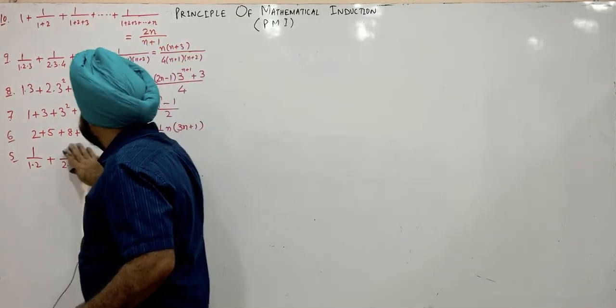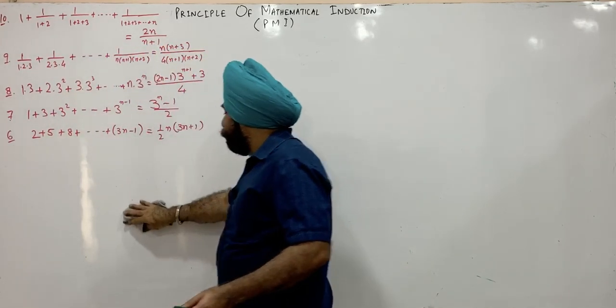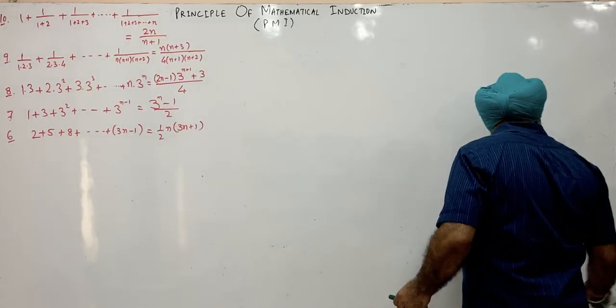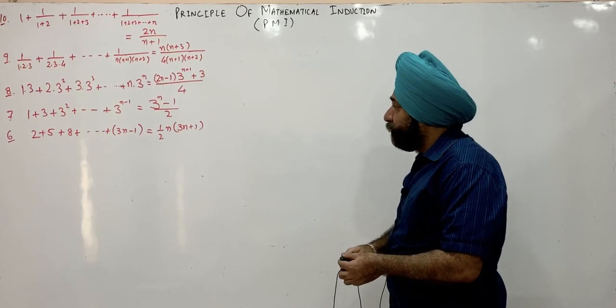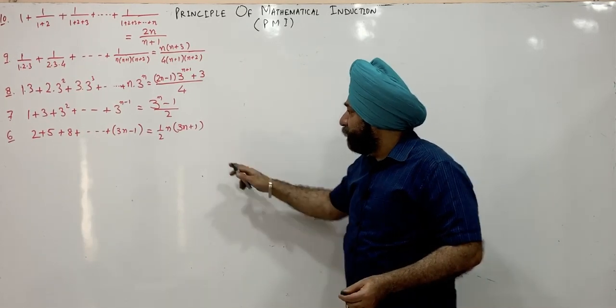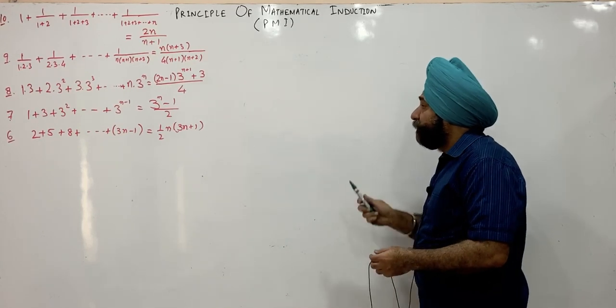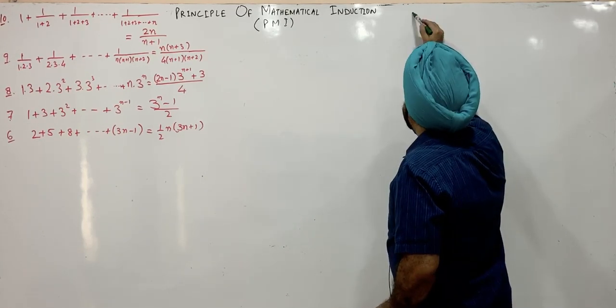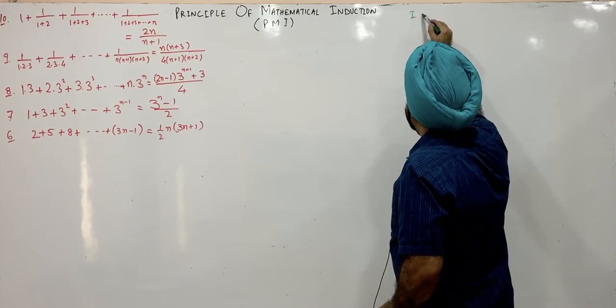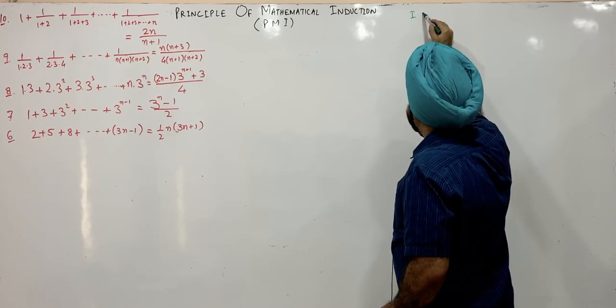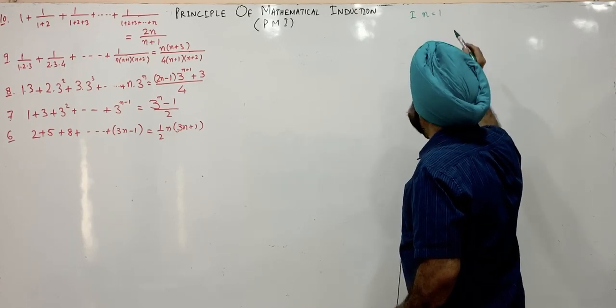The next one, we have to prove sum of terms on the left hand side, that is 2 plus 5 plus 8 so on up to 3n minus 1. This is equal to 1 by 2 n into 3n plus 1. So we start with the first step, which is to prove the result true for n is equal to 1.